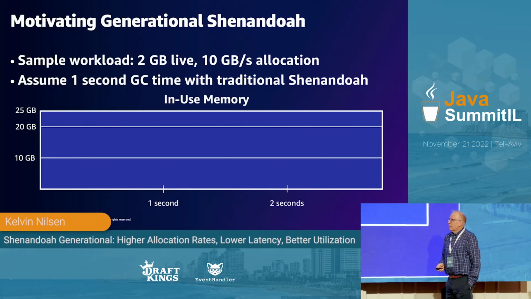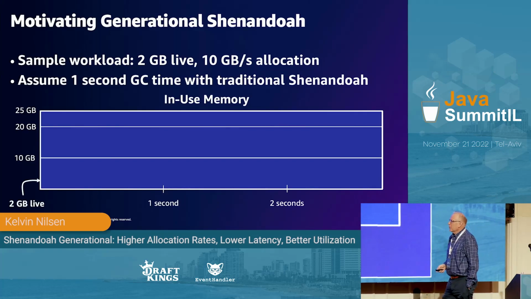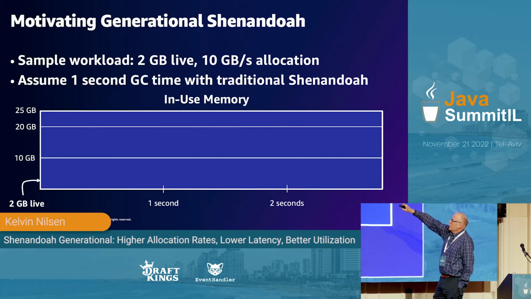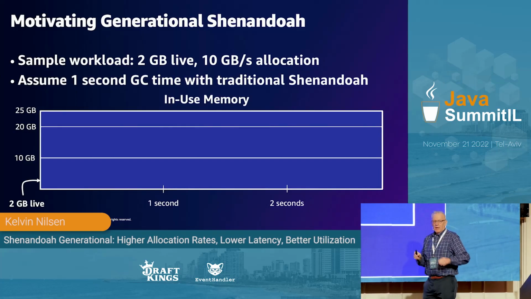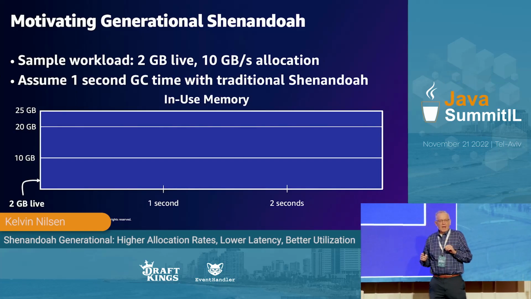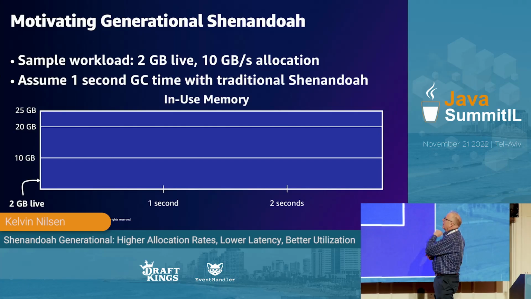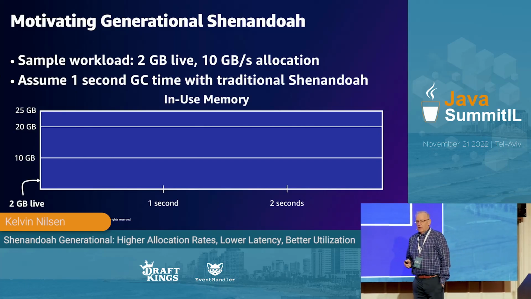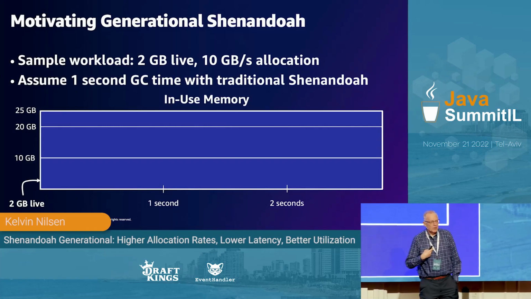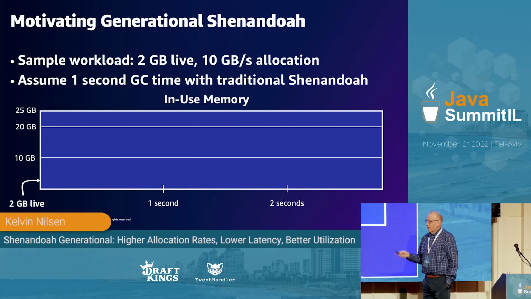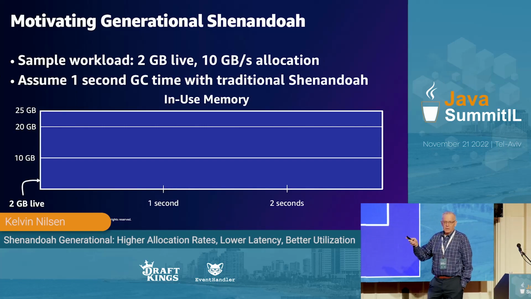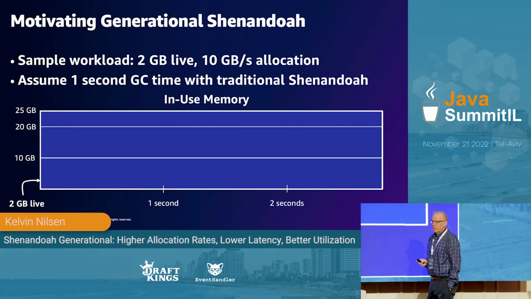I want to give some motivation here with an illustration. So suppose we have a workload that has a 2 gigabyte live data set, and it's allocating at 10 gigabytes per second. Now you have to ask yourself, is that representative of my world or not? And I'll just say there are many Amazon services that is representative of.